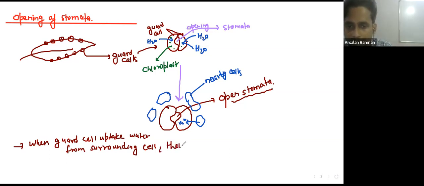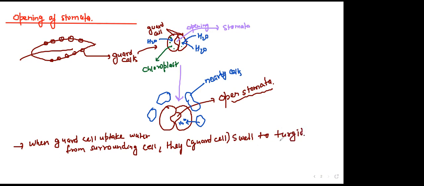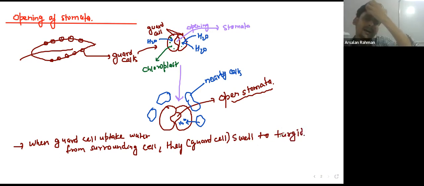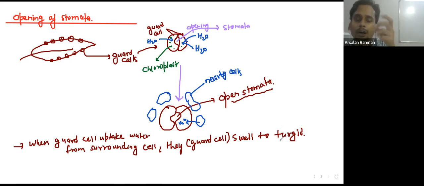Guard cells swell means they become swollen, to become turgid. What is turgid? Turgid basically means a swollen structure. Suppose you take a balloon.